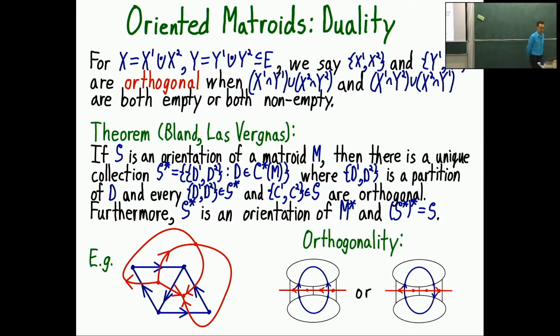The same type of thing works for orienting a matroid, where you consider each cycle individually, and you can figure out which side of the bipartition each element should be. Then you can check that this is a consistent orientation, and that the underlying matroid is indeed the dual matroid. But it's the same kind of idea, where you do it with respect to a given element in the bipartition.